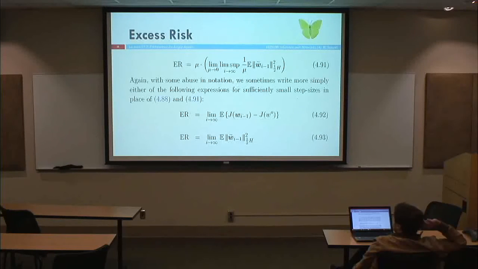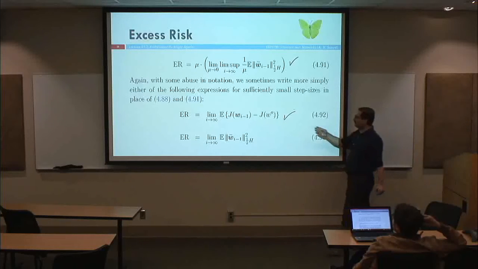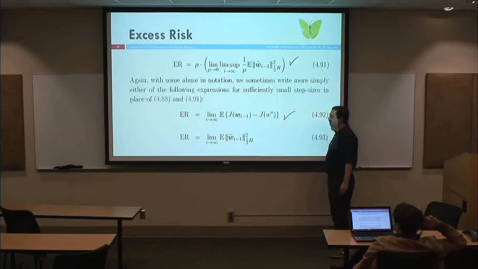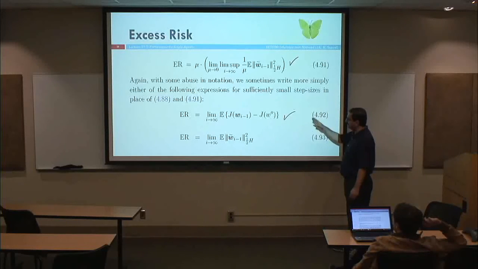So here it is, the technical definition of the excess risk. Very often we simply write this, assuming that this mean converges. This is the approximation that we often use under this assumption.